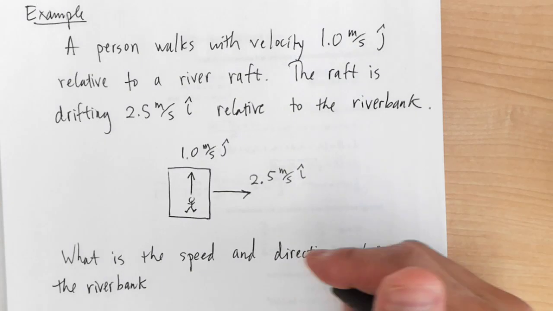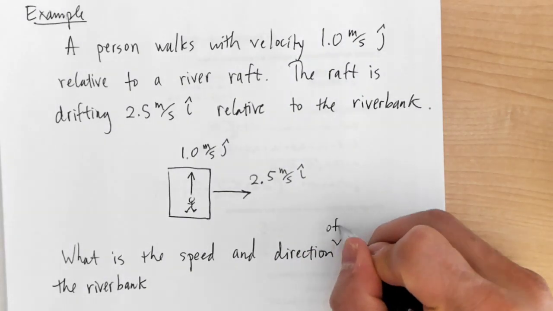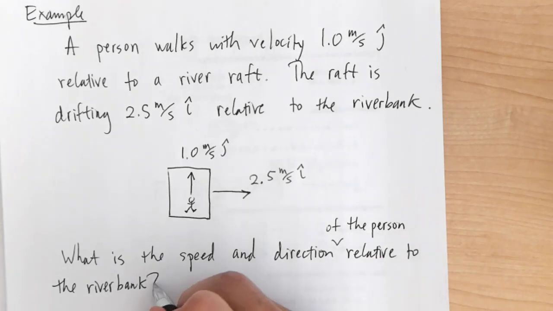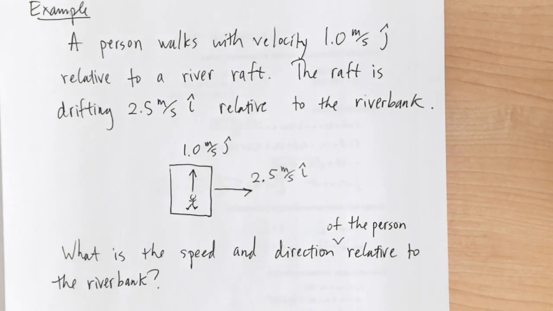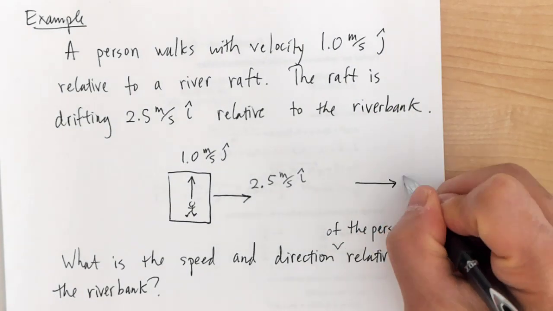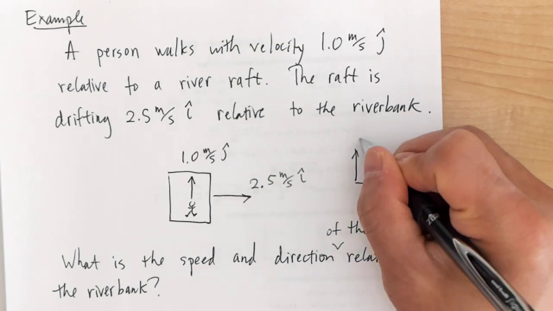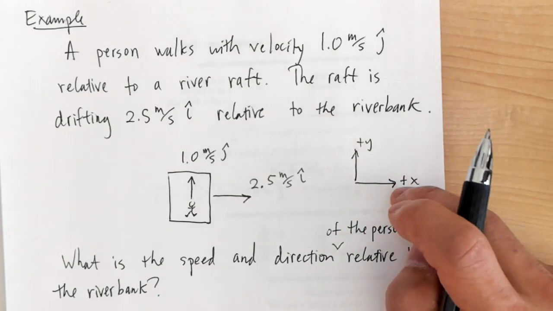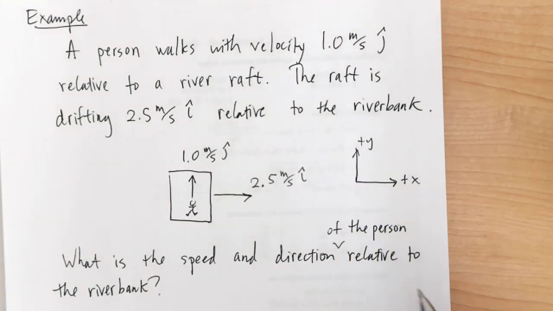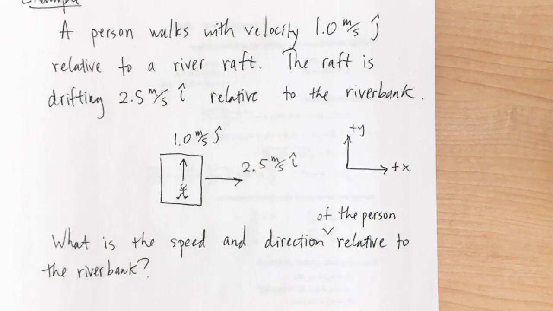When I'm talking about the speed and direction of the person, I should clarify that, relative to the riverbank. Okay, we want the speed or the magnitude of the velocity and the direction. Let's say, so this is going to be positive x direction, this is positive y direction. We want to know the angle measured counterclockwise from the plus x direction. Okay, so once you give this a try, and then when the video resumes, we'll go over this.